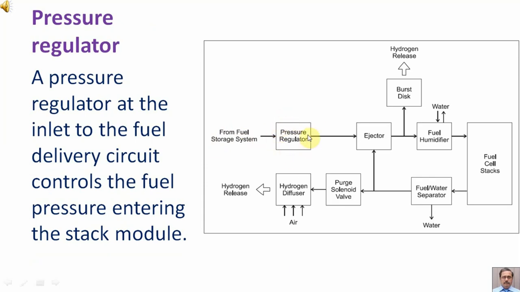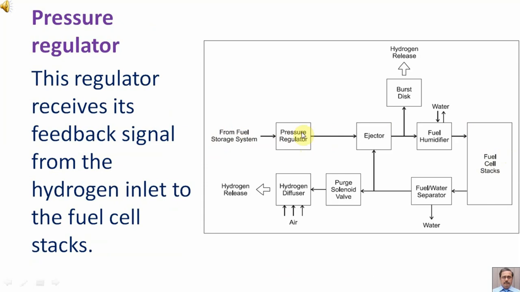A pressure regulator at the inlet to the fuel delivery circuit controls the fuel pressure entering the stack module. This regulator receives its feedback signal from the hydrogen inlet to the fuel cell stacks.